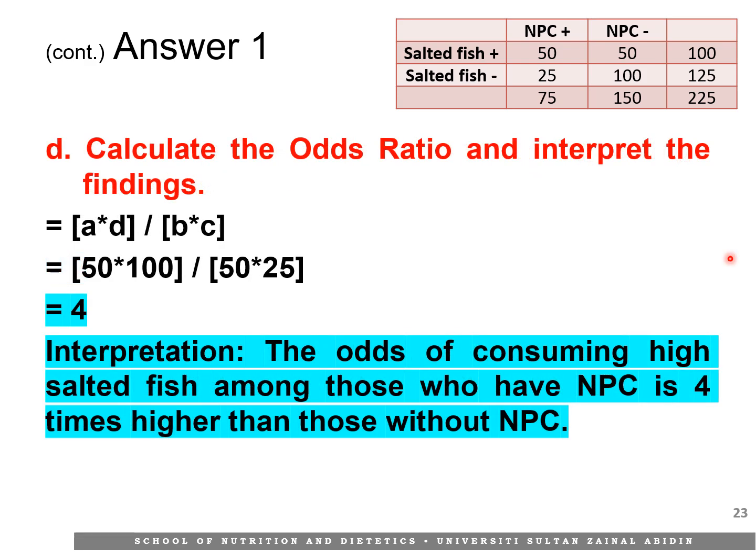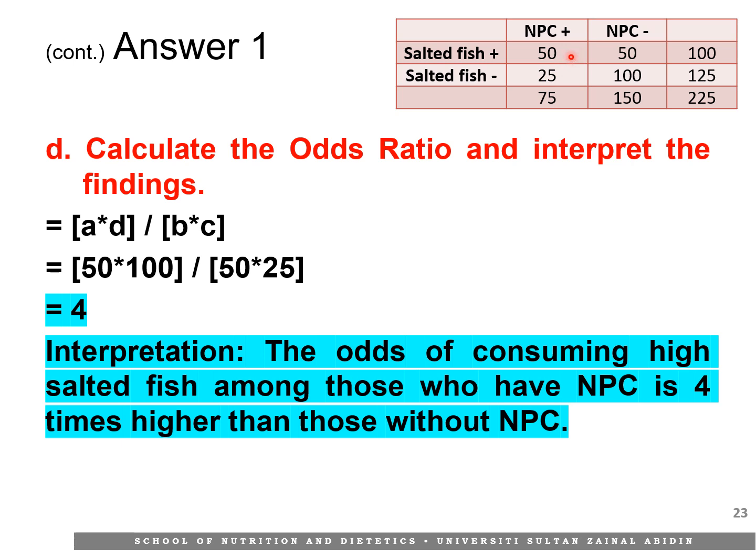The next question asks us to calculate the odds ratio or OR and interpret the findings. So let's use the formula for odds ratio, which is A times D divided by B times C. So we just put in the figures according to the alphabets.